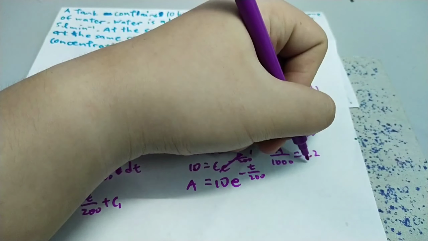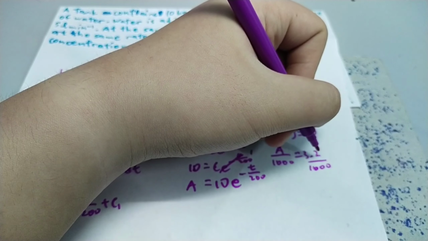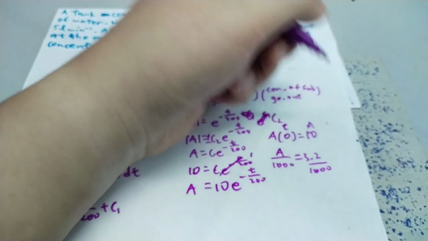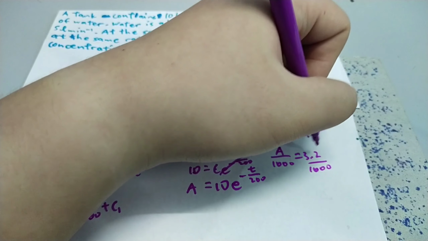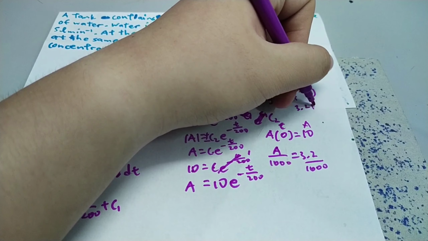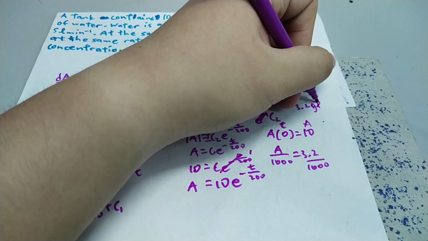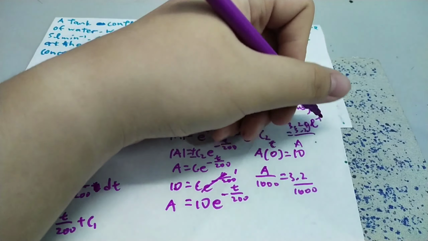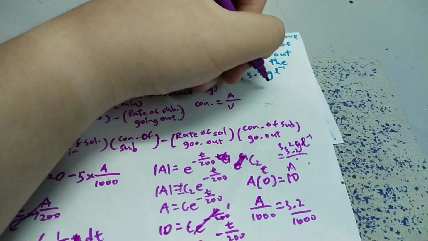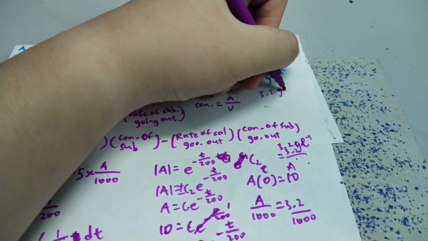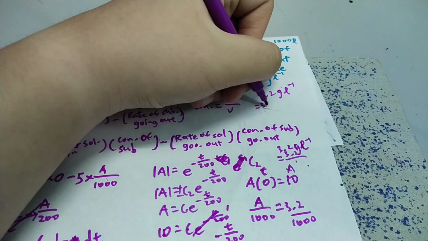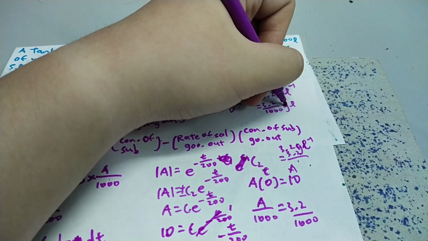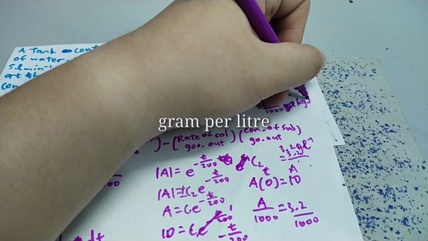So we have to divide by 1000 to convert into kilogram per liter, because 3.2 gram per liter is same as 3.2 over 1000 kilogram per liter.